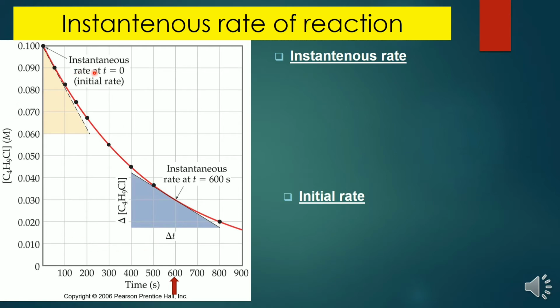So on the graph, this is a graph of the reactant C4H9Cl.